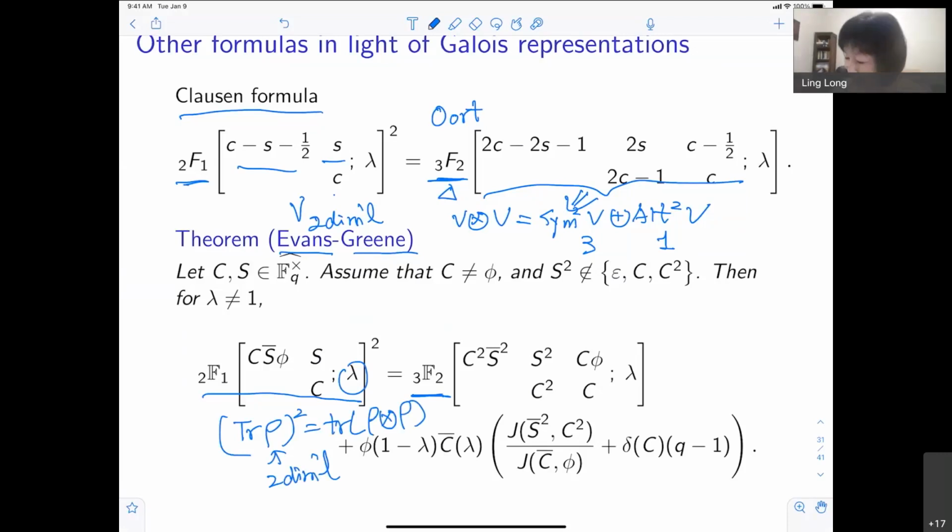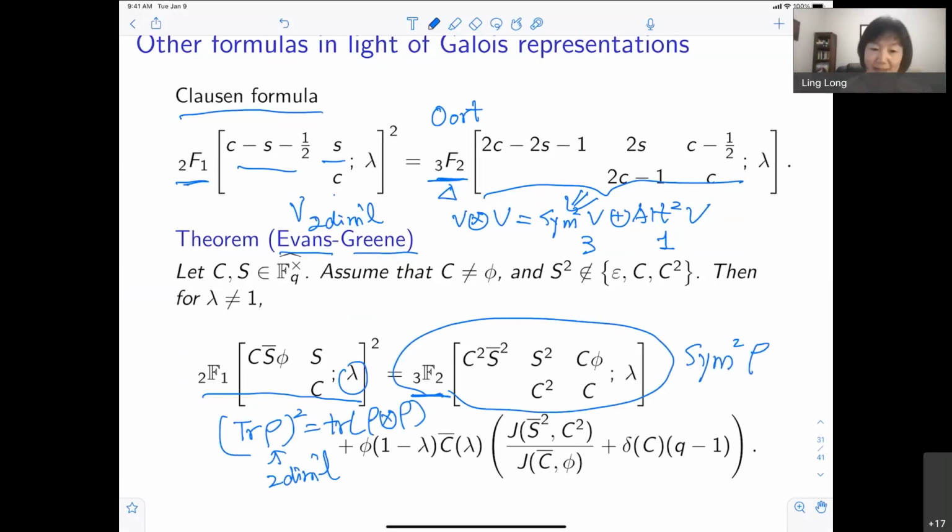So what you get is this part is the symmetric square, and this part down here is going to be the alternating square. And the reason additional things come in is, of course, the structure may degenerate when c is the trivial character. The delta term is always telling you that things will look different when you get some degeneracy.